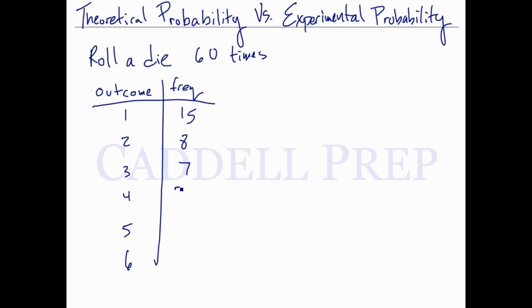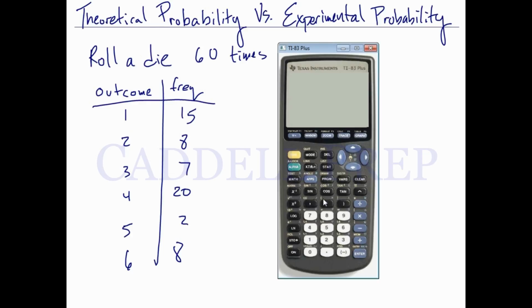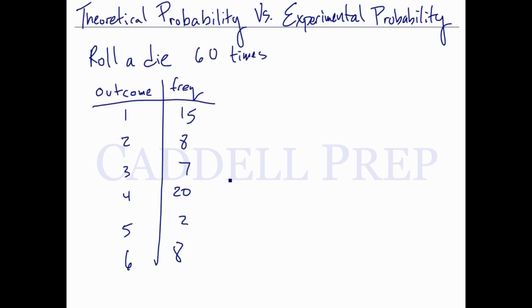A 4, 20 times. A 5 only twice. And a 6, 8 times. So this should add up to 60. Let's just check it quickly. 15 plus 8 plus 7 plus 20 plus 2 plus 8. So that is 60 times.